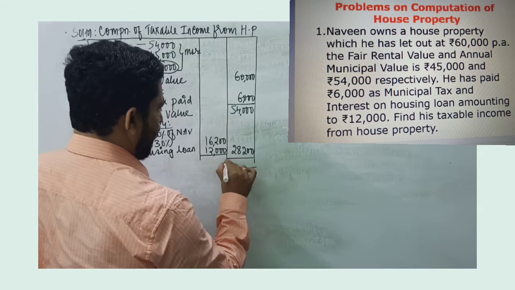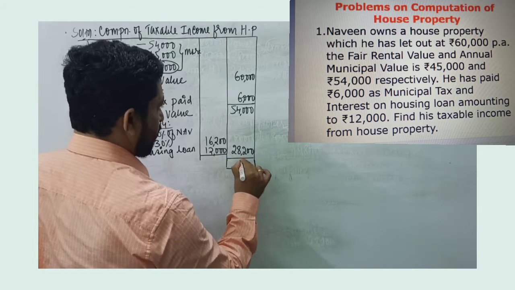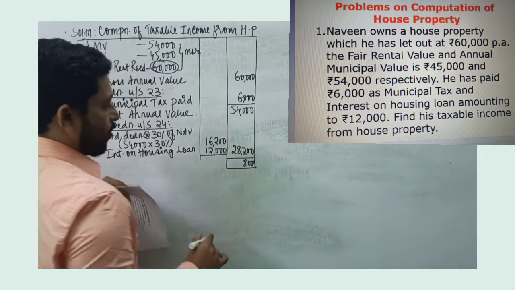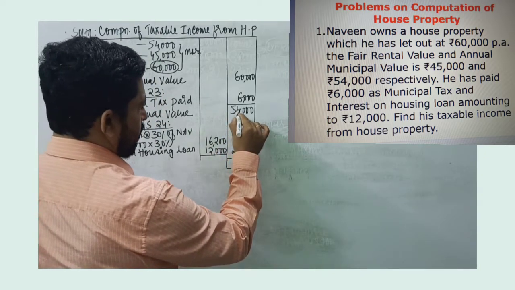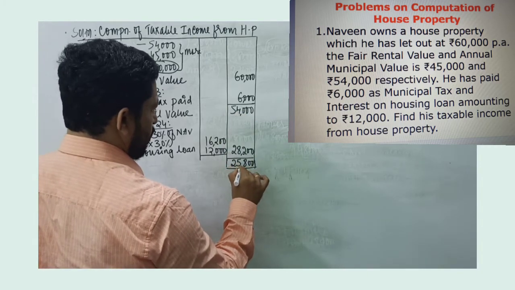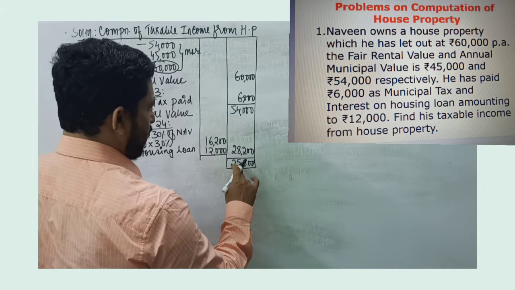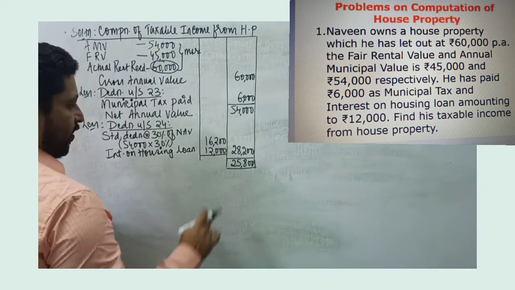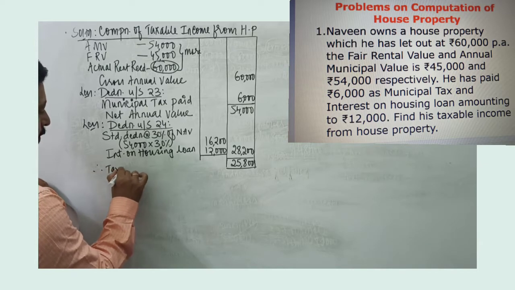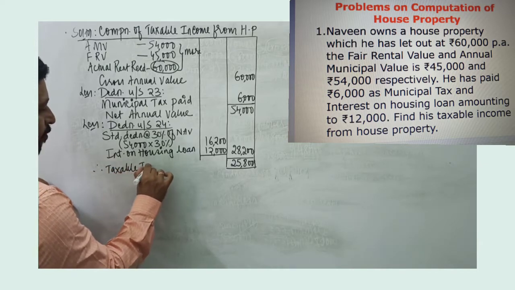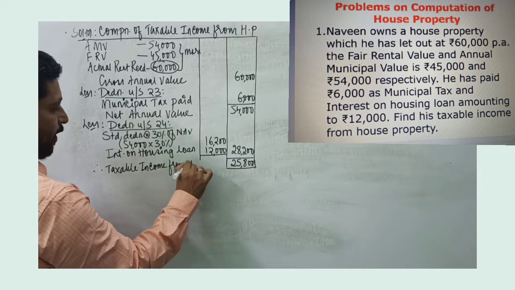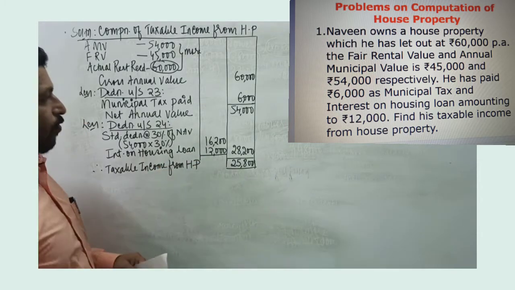And if we deduct 28,200 from 54,000, I get 25,800. And this 25,800 will become taxable income from house property.